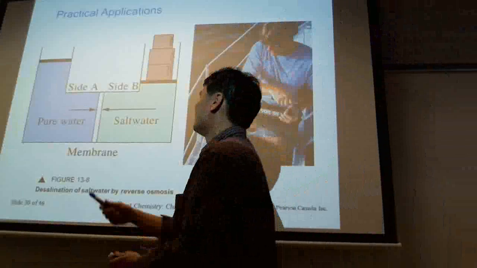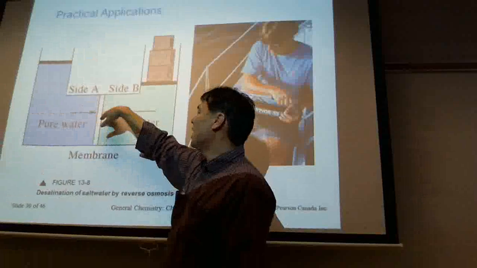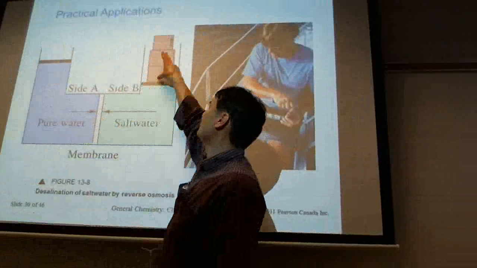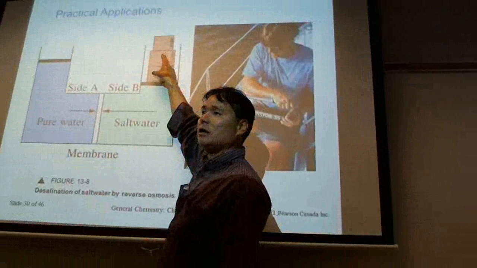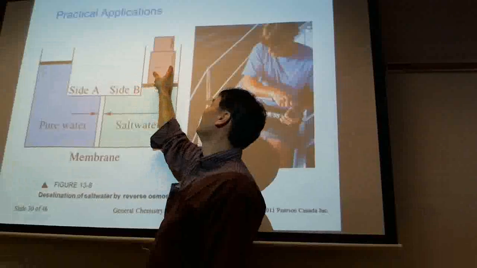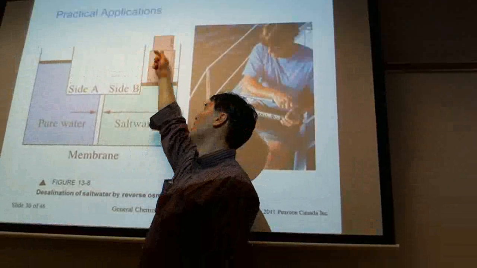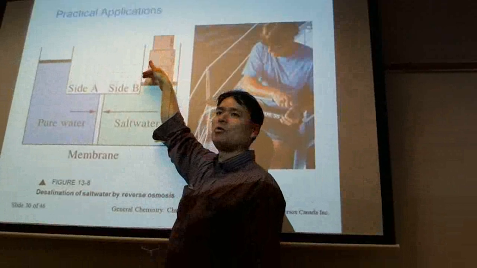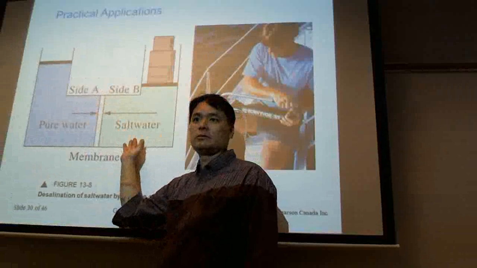What's trying to happen is water is being forced this way. To prevent the water from migrating this way because of the lower vapor pressure, we have to add some pressure here, add some weights. The pressure that we have to add is called the osmotic pressure. These weights equal the osmotic pressure required to prevent osmosis from occurring.